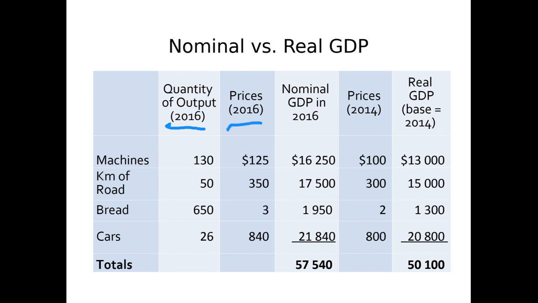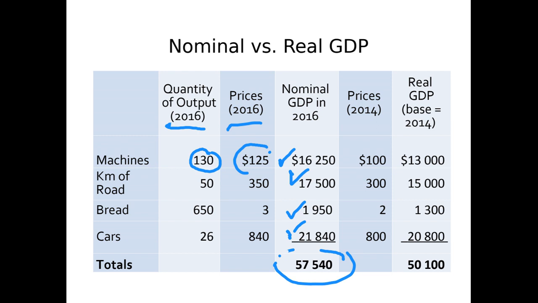How to calculate nominal GDP? Just calculate the value. So if you want to buy 130 machines and the price is 125, you have to spend 16,250. So that is the expenditure. Similarly, that is the expenditure, that is the expenditure. You add all these expenditures, you get GDP. This is called nominal GDP.